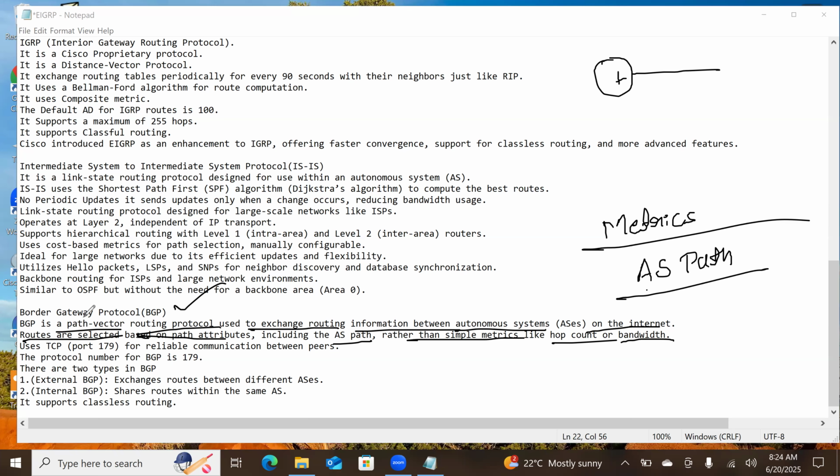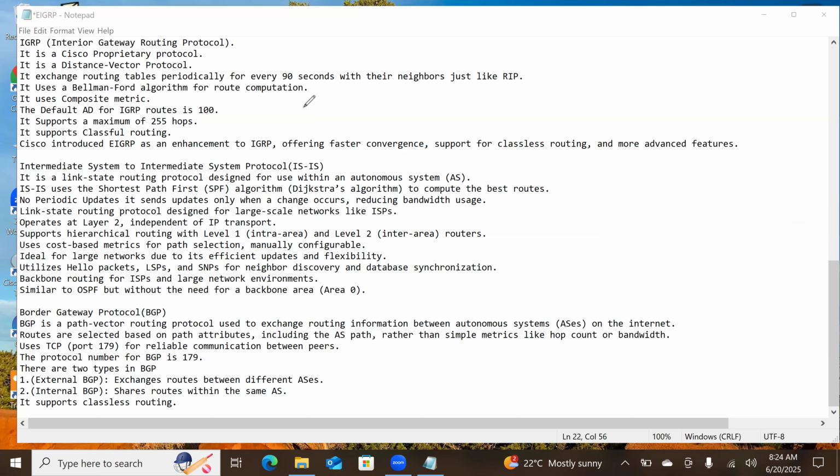It uses TCP port number 179 for reliable communication between the peers, and the protocol number is also 179. There are two types of BGP: eBGP and iBGP. eBGP, external BGP, exchanges routes between different ASs, and iBGP, internal BGP, shares routes within the same AS.